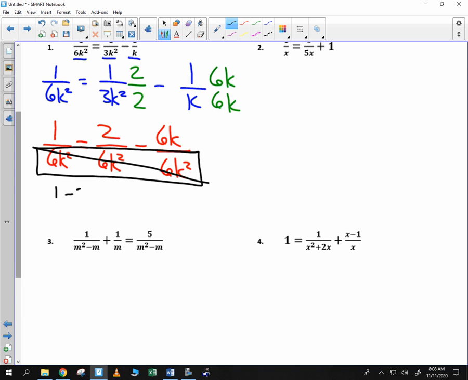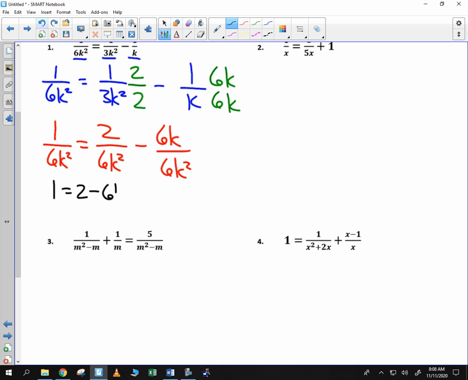Oh, I'm sorry, I kind of did a bad job as I crossed that stuff out. It looks like it's 1 is equal to 2 minus 6k. So we subtract 2 from both sides, we get negative 1 is equal to negative 6k. Divide both sides by negative 6, and we get 1 over 6 is equal to k.